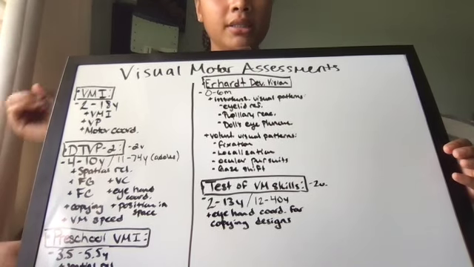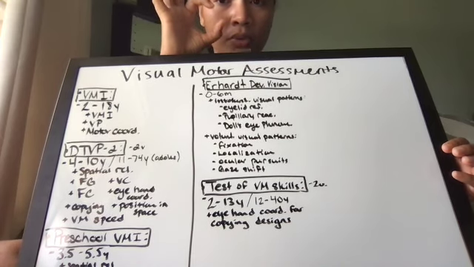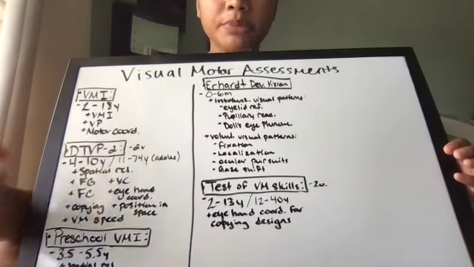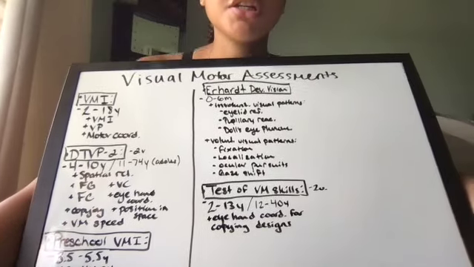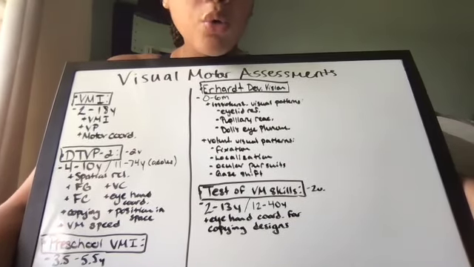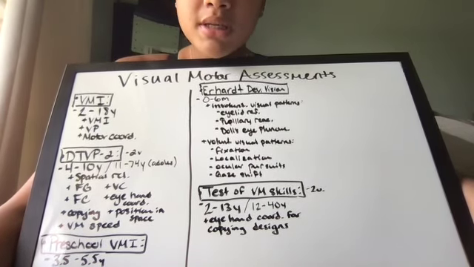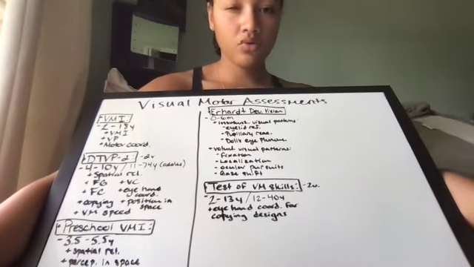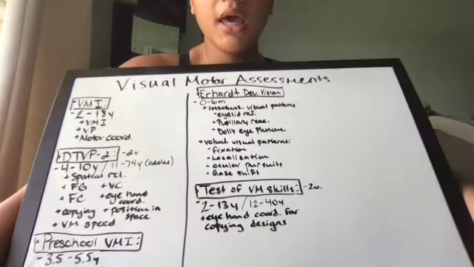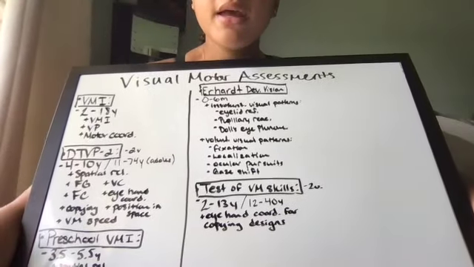Mydriasis, pupillary dilation: when you are in dim light, the pupil will dilate or become larger. Some of the conditions associated with damage to the pupillary reactions may be Horner syndrome, where you'd see ptosis and miosis, meaning eyelid drooping, and miosis is pupil constriction.